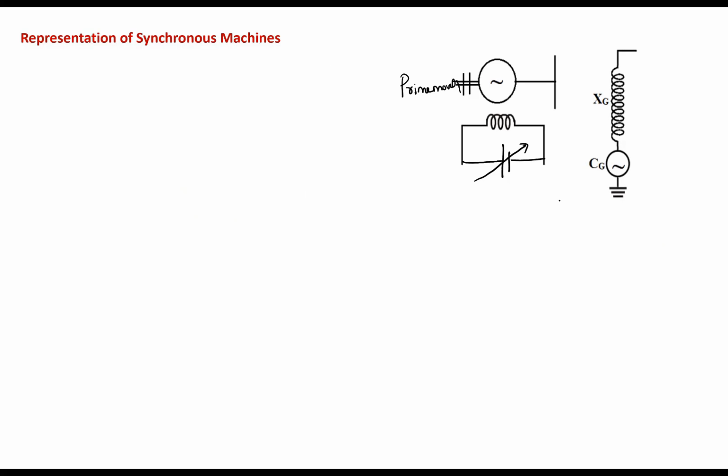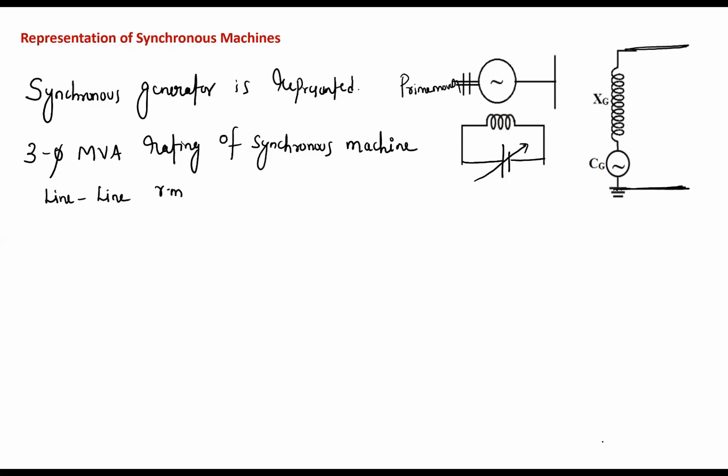In our electrical circuit form, we will model the synchronous generator as an AC voltage source connected to some reactance. This is the modeling of our synchronous generator. So what data is of importance for the synchronous generator?